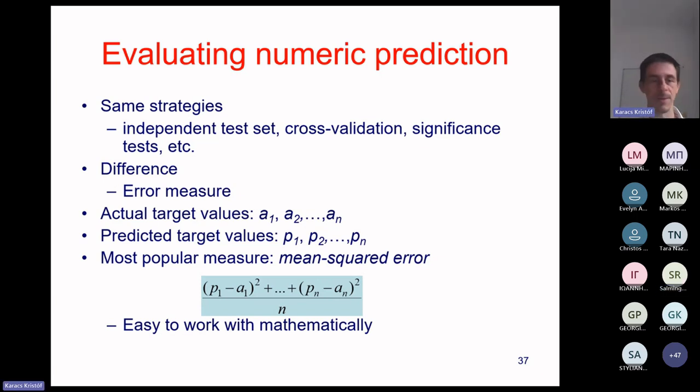Similar strategies can be used in terms of using a test set or cross validation, and we can do significance tests. But the error measure is something where a novel approach can be very beneficial.